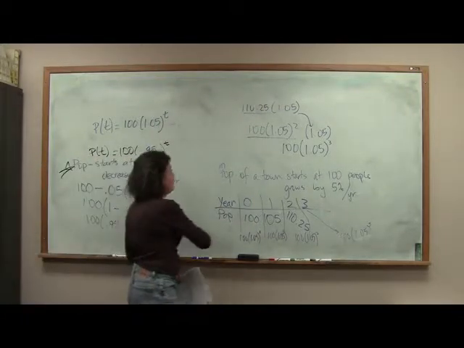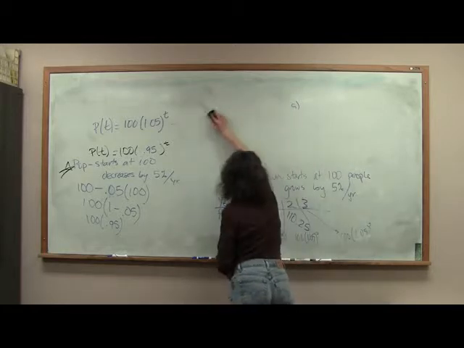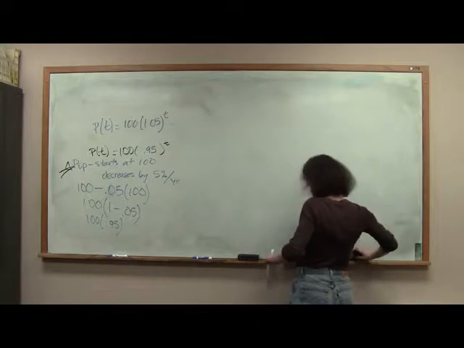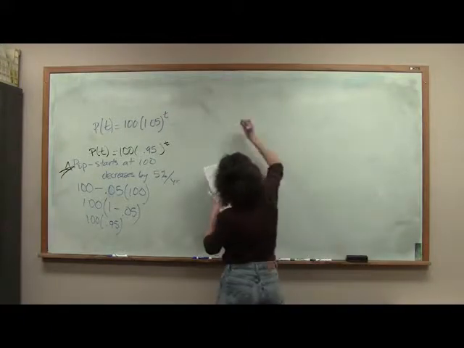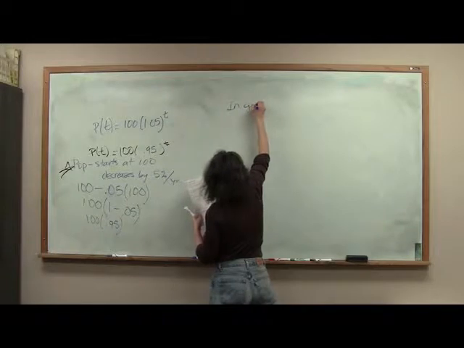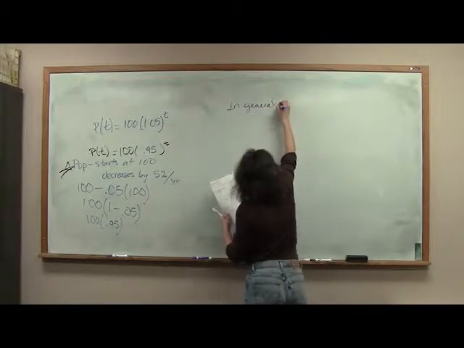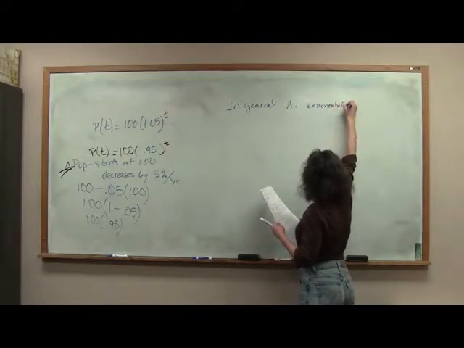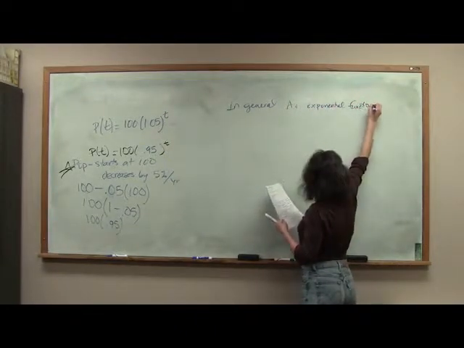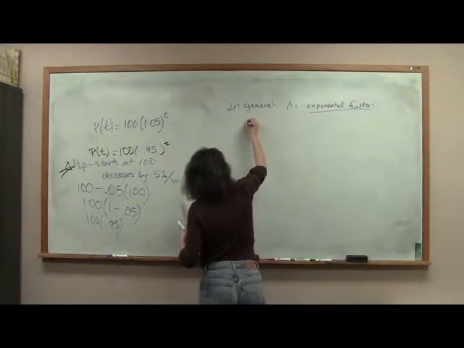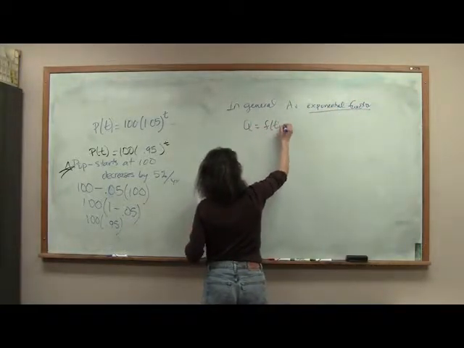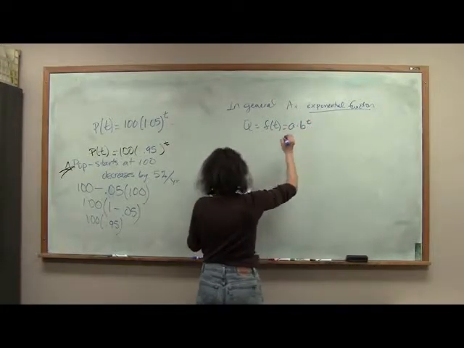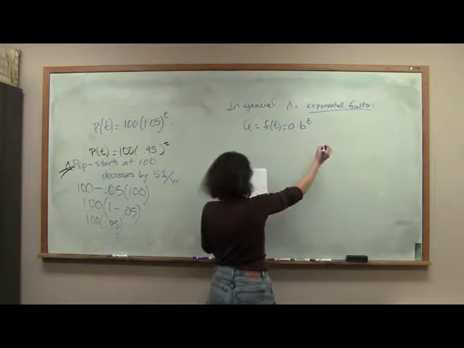Okay? So let me give you this general formula for an exponential function. In general, we can say an exponential function Q, which is a function of time, is a times b to the power of t. T is your exponent.